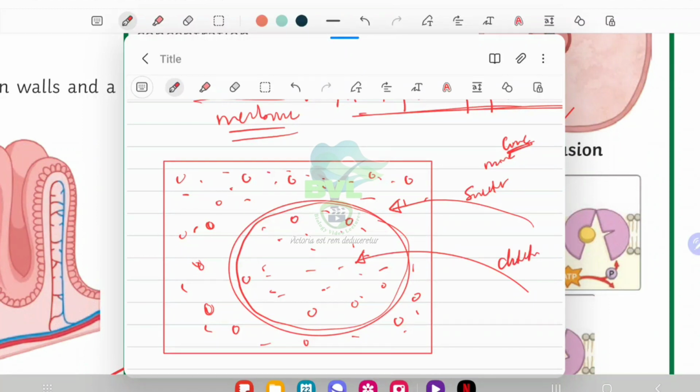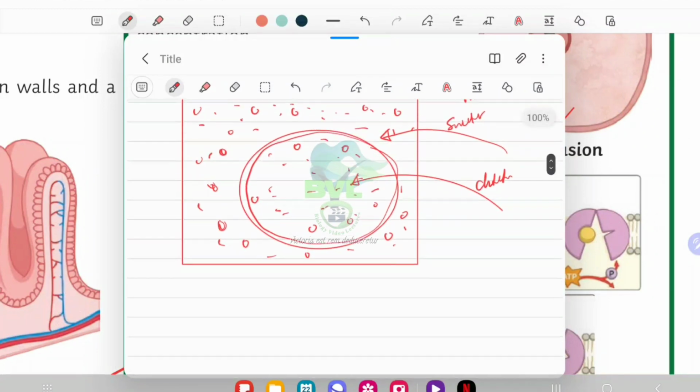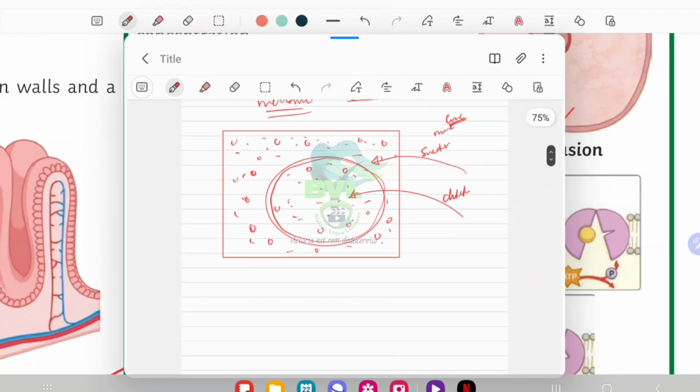Now, please pay attention to this. When you say something is more concentrated or dilute, it is always in comparison with something. I'm going to give an example of what I mean by that shortly. As far as we are concerned now, this cell is dilute compared to this environment, because the environment has more solutes, which is more sugar.